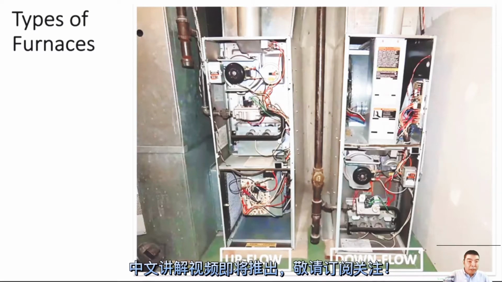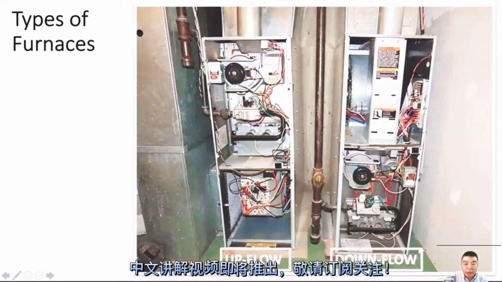So the types of furnace here compare the downflow and the upflow. Yeah, it's just like we talked about. So upflow, the blower motor and the control board are all in the bottom compartment.